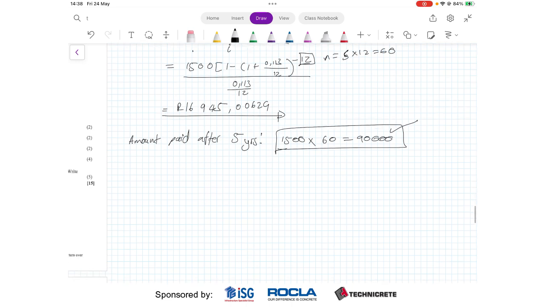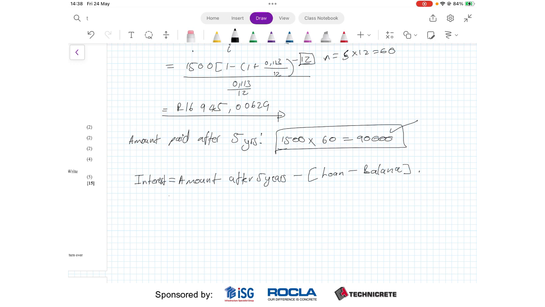So finally, the interest that Mpho pays is going to be the amount paid after 5 years, minus the loan amount, minus the balance of the loan.